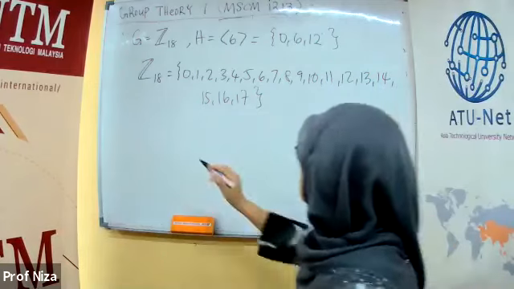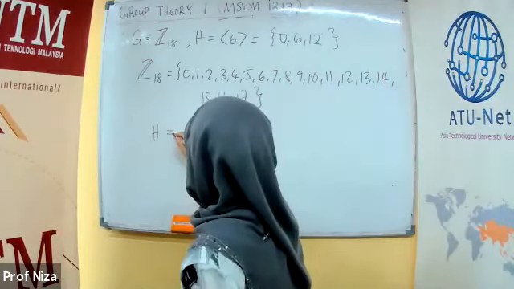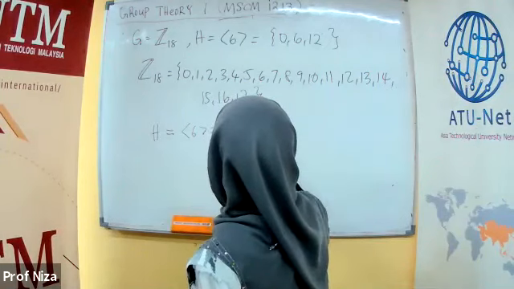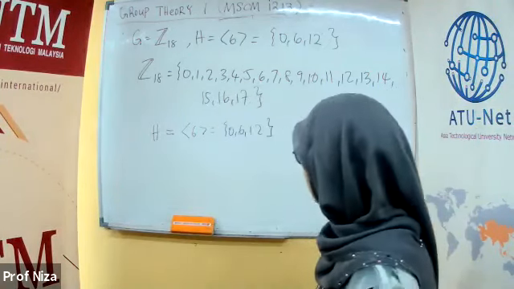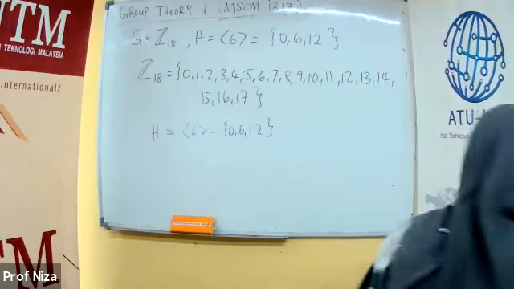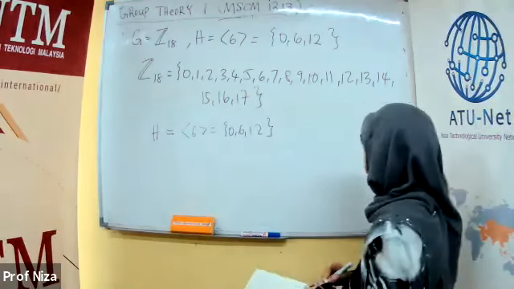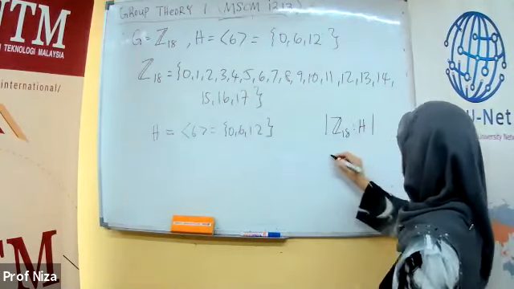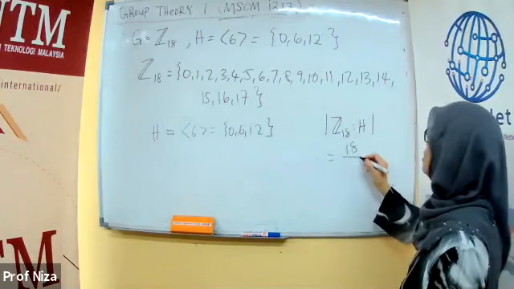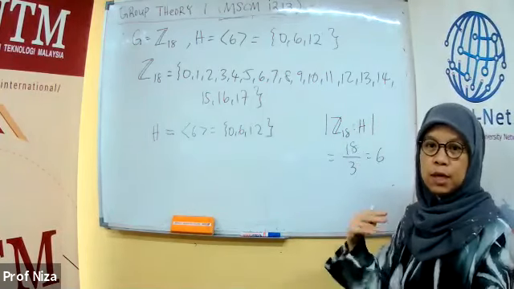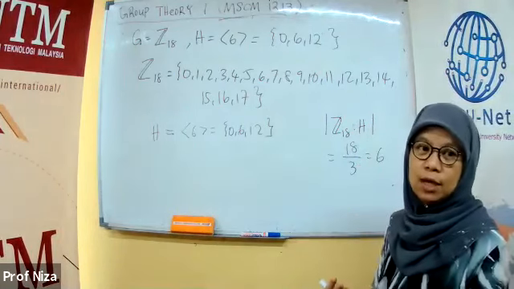I'm just showing you. So H is 0, 6, 12. The index of H in Z18 is 18 over 3, which is 6. So you will be expecting 6 cosets.